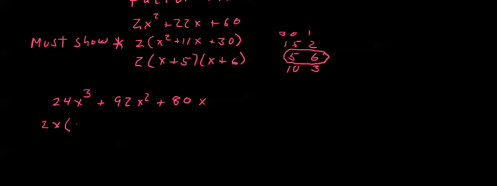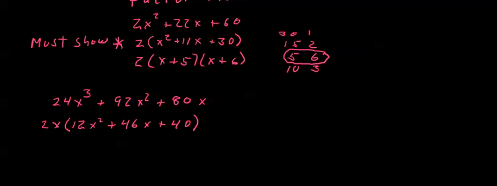And then we have 2 times 12 is 24x squared plus 2 times 46x plus 2 times 40 is 80.